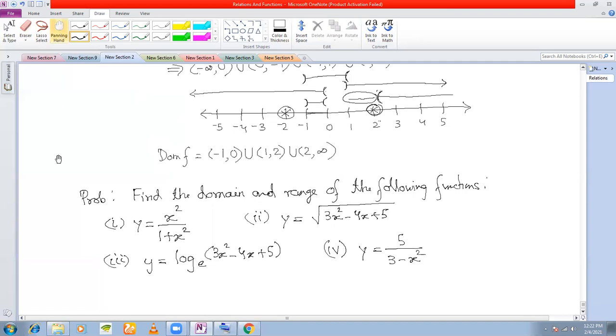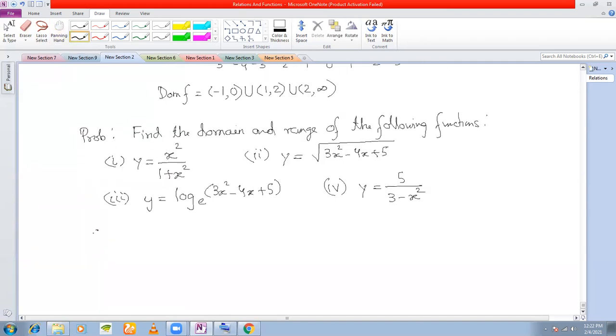Okay, let us just see the first one for today. All the other three I'll complete later. First one, given y is equal to x square by 1 plus x square. What can be the domain of this function? Are there any values of x which will not give you a value of y?